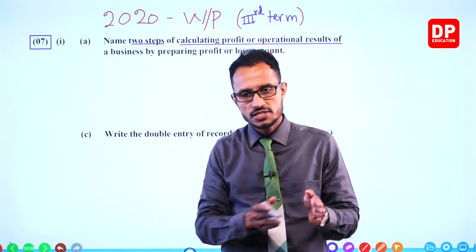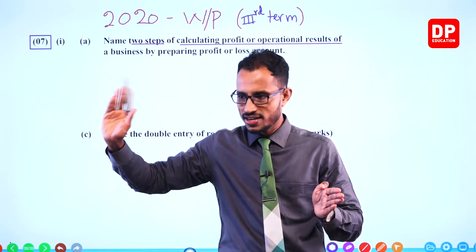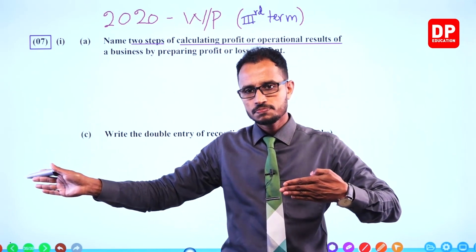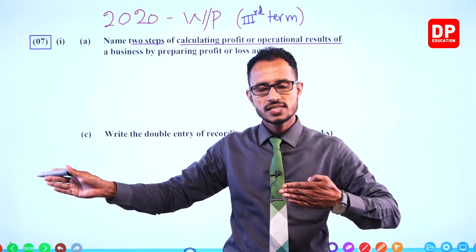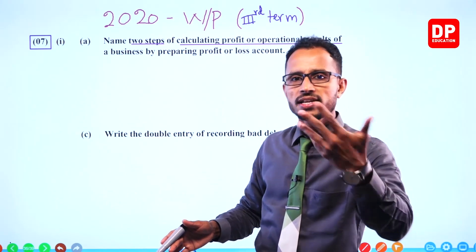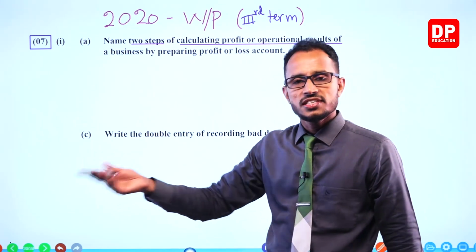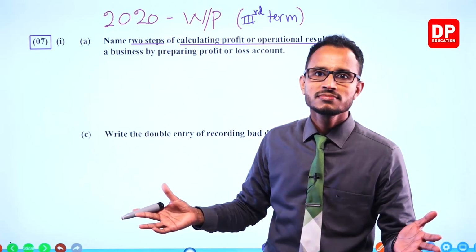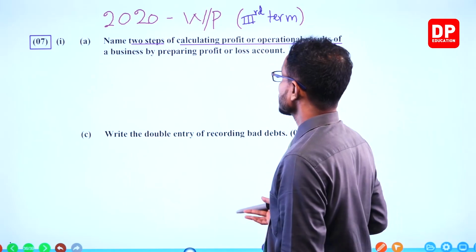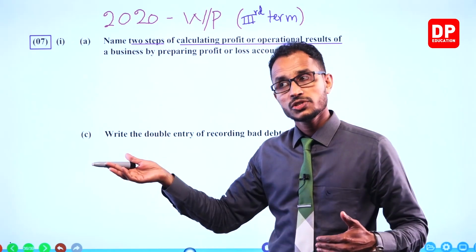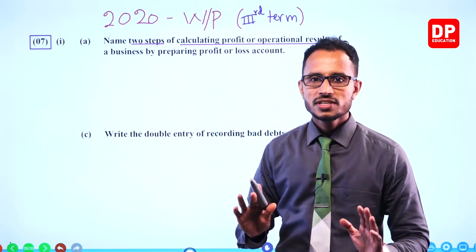Operating for a period of time, let's say January, February, March, April, May, June, July, August, September, October, November, December, for this entire period, for one year's time, operating your business, the operational activities result in what? A profit or a loss. That is an operational result. It could be a positive result, that's a profit. It could be a negative result, that's a loss. So, operational results, got it?